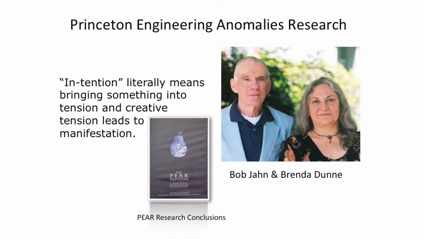So they started off on what ended up being a very long research project, looking at how the intention of somebody affects matter. How does it affect, for example, a computer? And the basic research involved was where they had a computer generating ones and zeros. So they called it a random event generator.